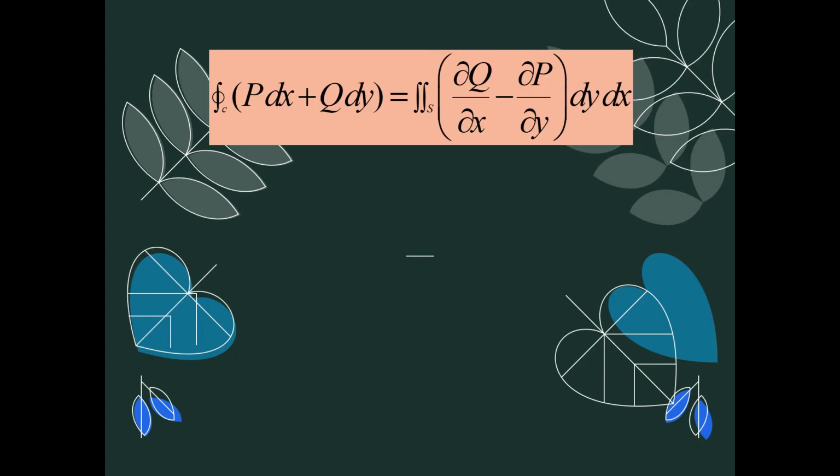Before I explain the example on Green's theorem, I want to tell you that for Green's theorem, we have two types of question. Sometimes a question can ask you to prove the theorem.